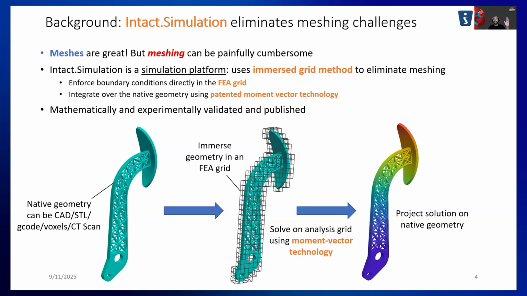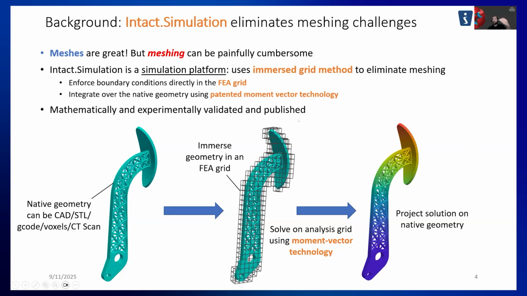It doesn't matter as long as the geometry has a proper definition. All you need to do is take that geometry and immerse it in a background grid. Here in this case, the background grid is hexahedral elements. Construction of this background grid, especially if it's a structured grid, is embarrassingly trivial. You can control the resolution of the background grid at runtime if you want, but that's an essentially automated process. There's nothing fancy going on there.